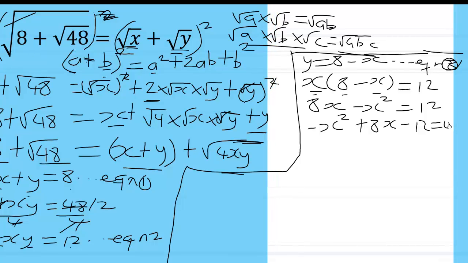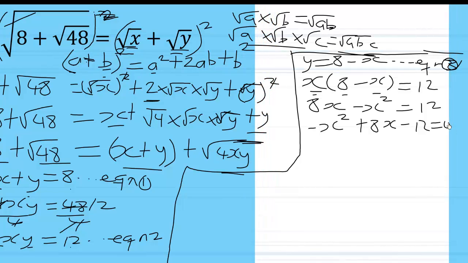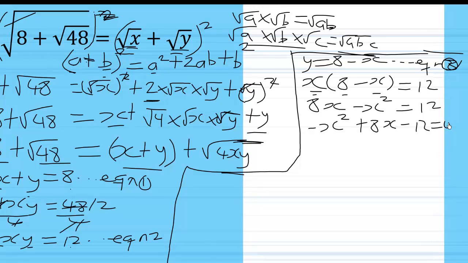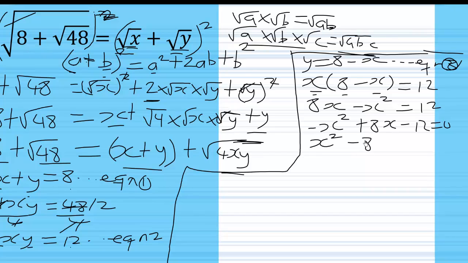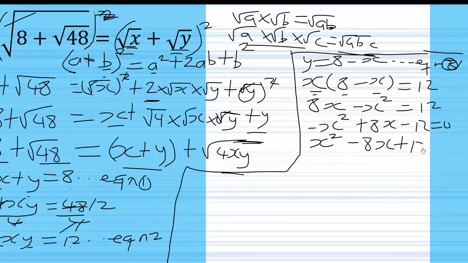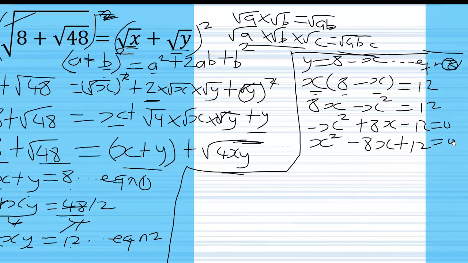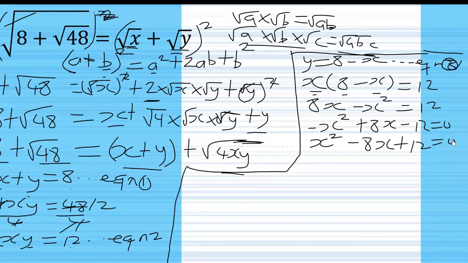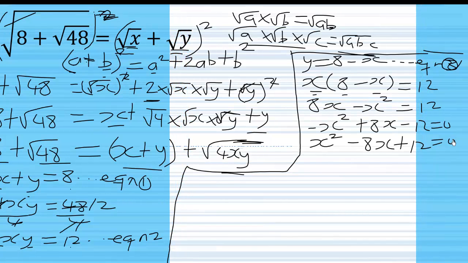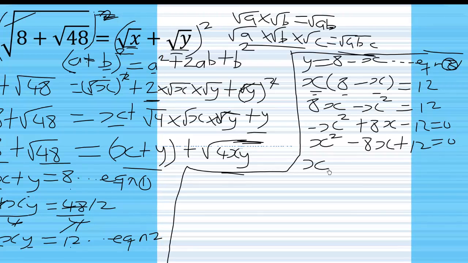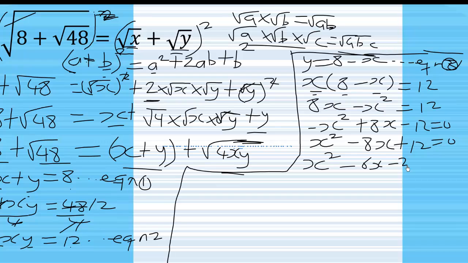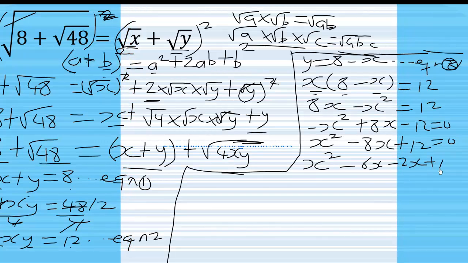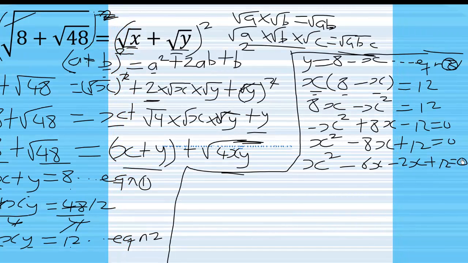Rewriting it in the standard quadratic form, multiply through by negative 1, we have x squared minus 8x plus 12 is equal to 0. So we can factor. In factoring, we split the middle term: x squared minus 6x minus 2x plus 12 is equal to 0.